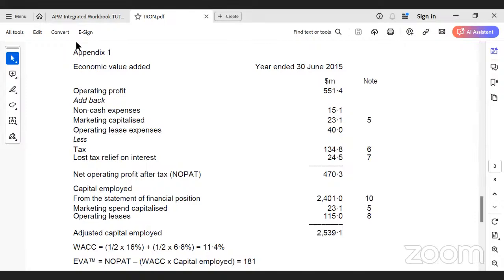So go through the EVA and then quickly recalculate. Yes, we can.